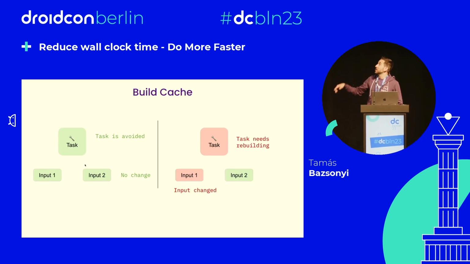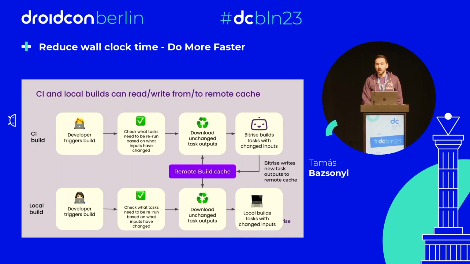You can see right here that there were no input changes. On the left-hand side, the task execution is being avoided. And on the right-hand side, you can see that the input changed, and this triggered a recompilation of that given task.